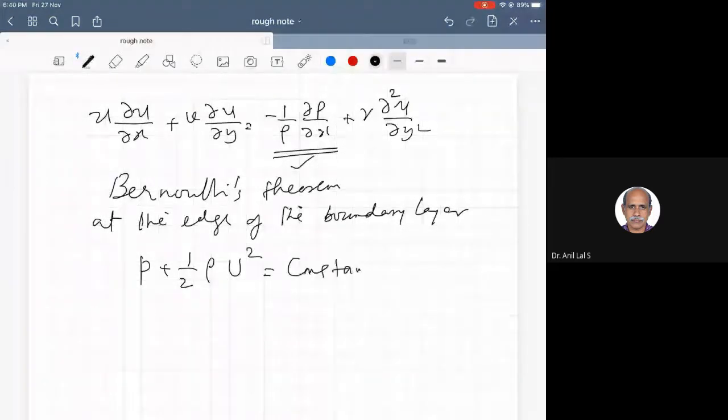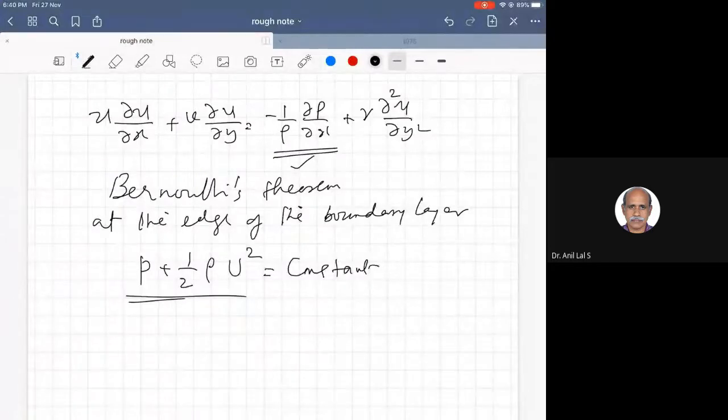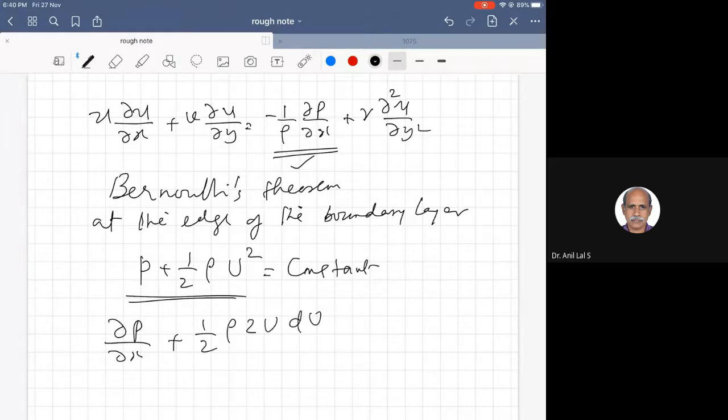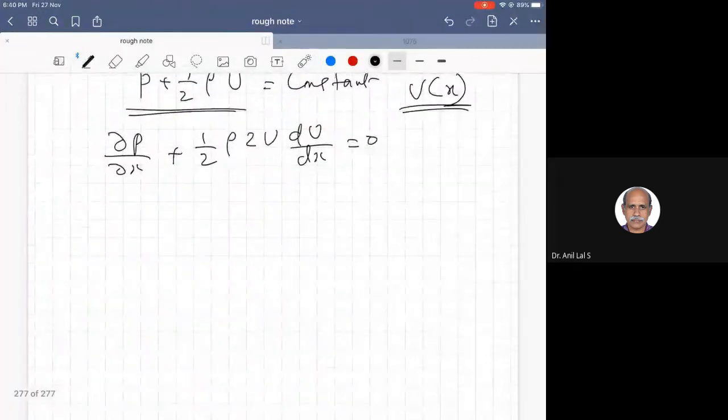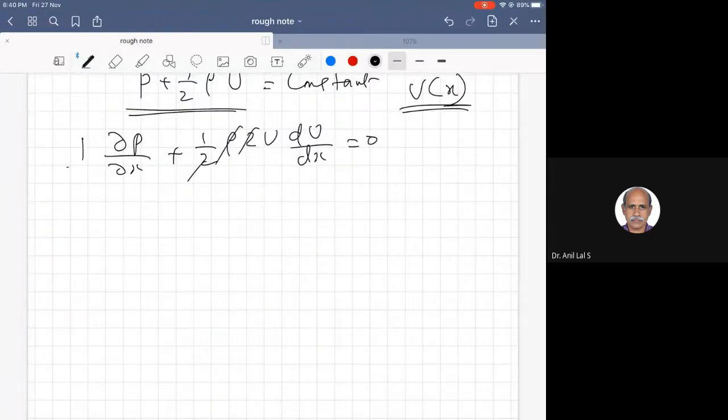Differentiating this, we can write dou p by dou x plus half rho 2U dU by dx is equal to 0, because U is a function of x only. It varies along the length of the body surface. So this 2 cancels, 1 by rho comes here, so minus 1 by rho dou p by dou x is equal to U dU by dx.